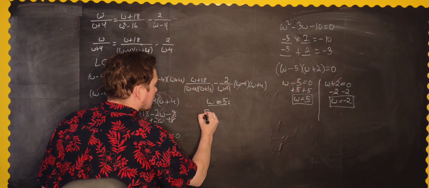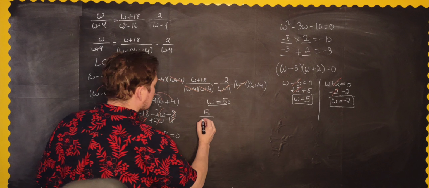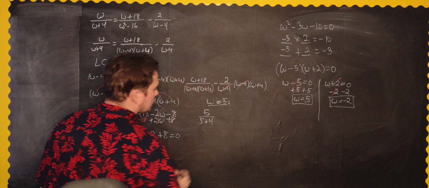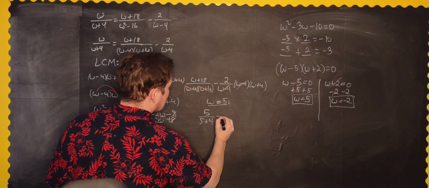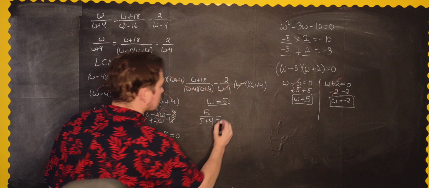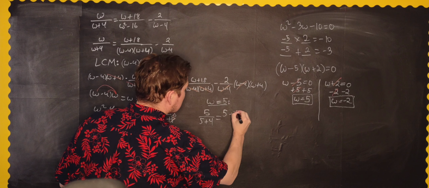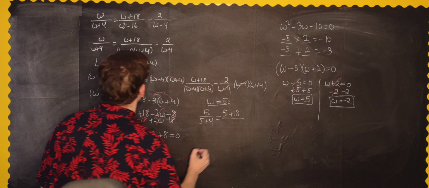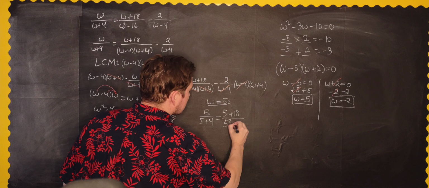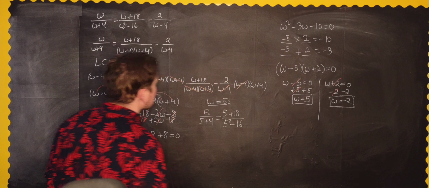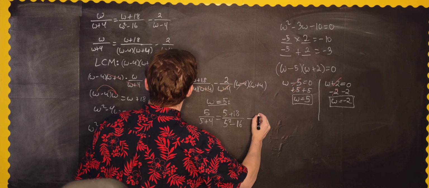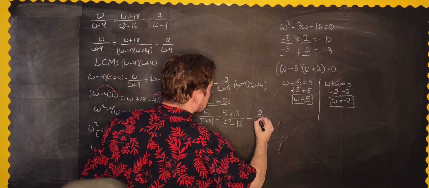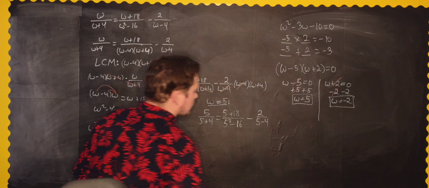So you're going to have 5 over 5 plus 4, and then you're checking, does this equal 5 plus 18, divided by 5 squared minus 16, and then minus 2 over 5 minus 4.